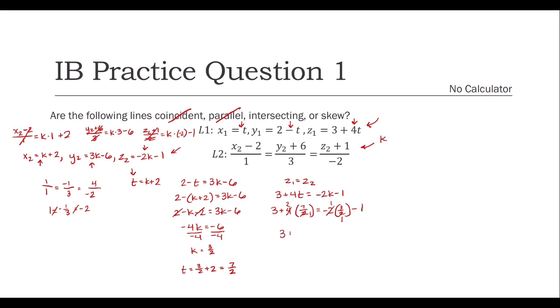So we get 3 plus 2 times 7, which is 14, equals negative 3 minus 1. So we have 17 equals negative 4, which is not true. So they're not intersecting, they're going to be skew. The lines are skew.